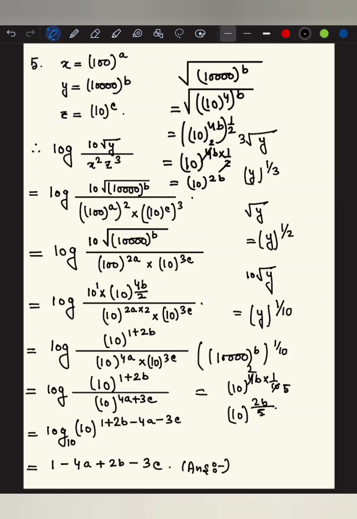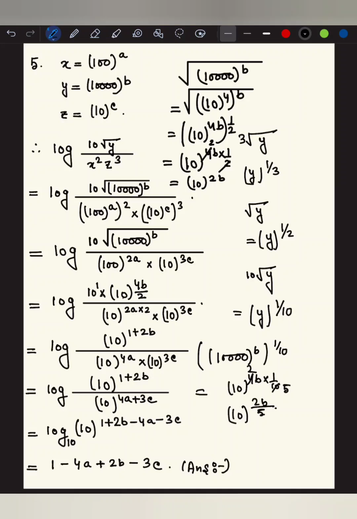Understood? That is what I have done. Here see, this 10 means 10 to the power 1 into 10,000 to the power b whole root, which can be written as 10 to the power 4b by 2.